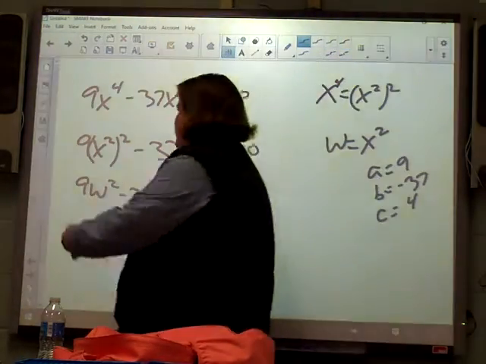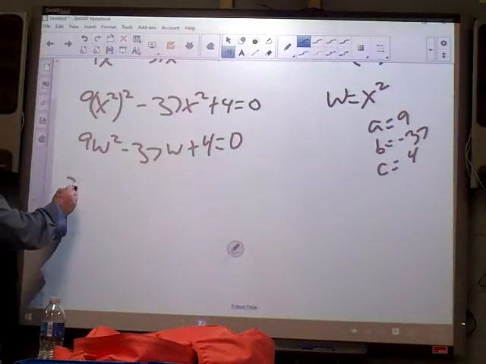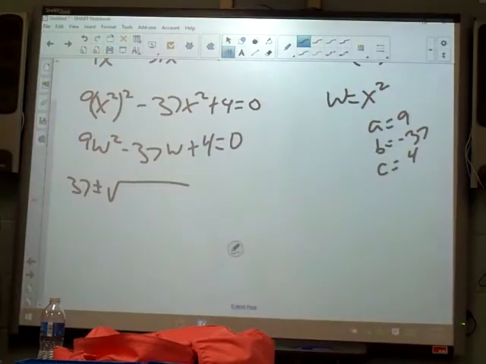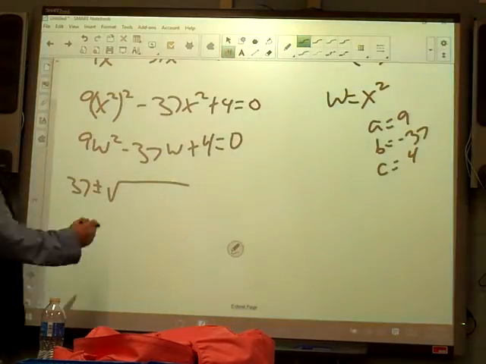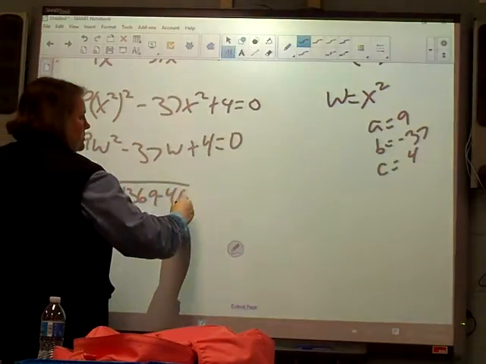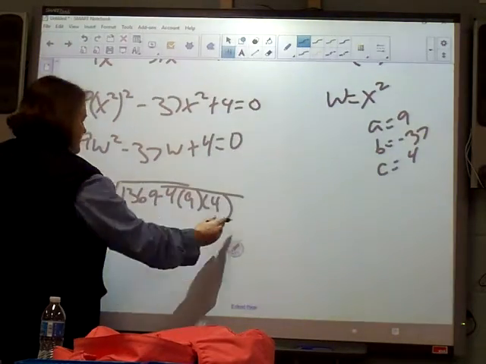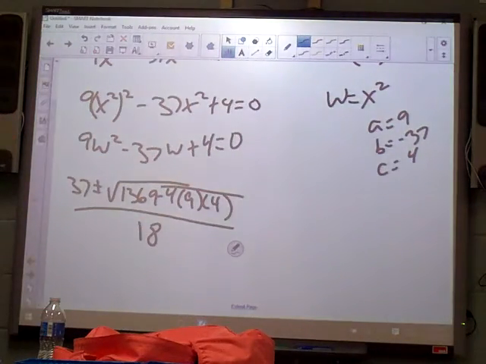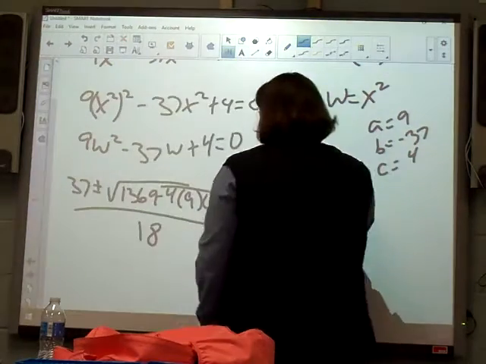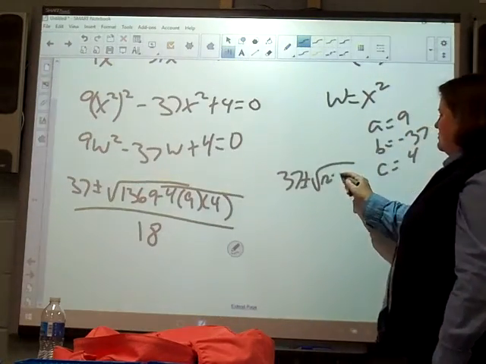So 37 plus or minus the square root of, what's 37 squared? 1369, minus 4 times 9 times 4, all over 18. 1225, you're doing good. 37 plus or minus the square root of 1225.